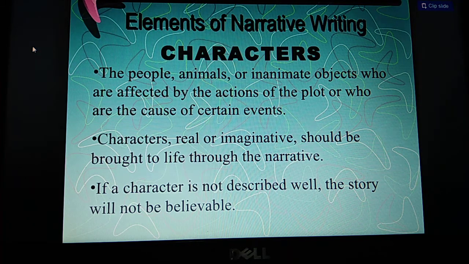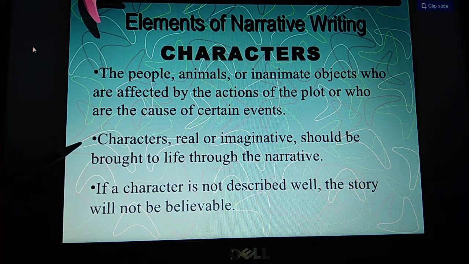Characters, whether real or imaginative, should be brought to life through the narrative. That is, you should use such descriptive words, or you should use appropriate dialogues to make the character feel alive. You must have read plenty of stories.